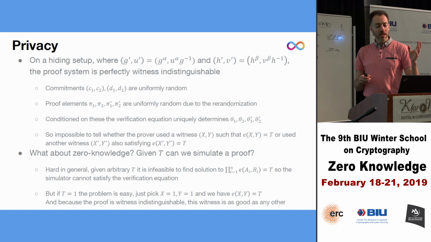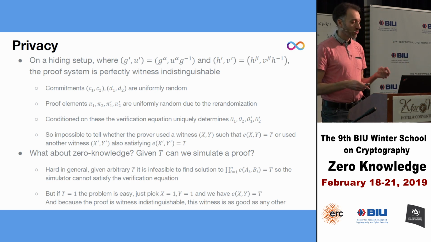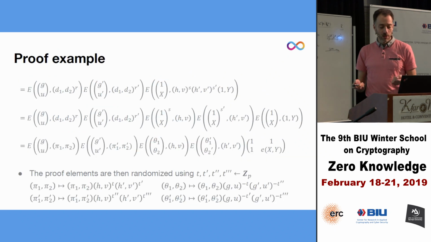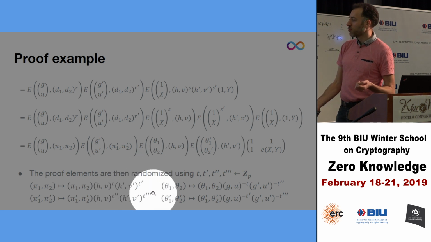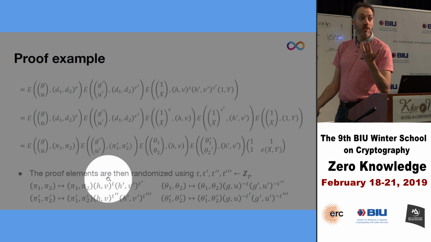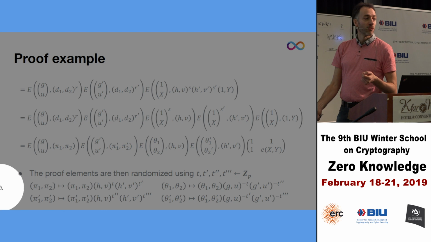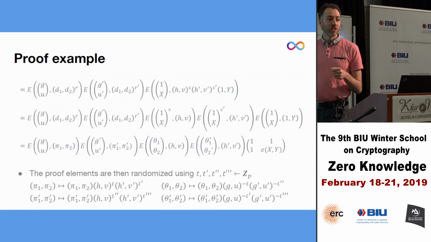Now the re-randomization also ensures that pi1 and pi2 and pi1 prime and pi2 prime are uniformly random, right? Because they are going to be randomized with respectively t and t prime and t double prime and t triple prime. And in a hiding setup, hv and h prime v prime are linearly independent from each other. So that just gives you some random quadruple of group elements. Again, no information there about what the witness is, right?